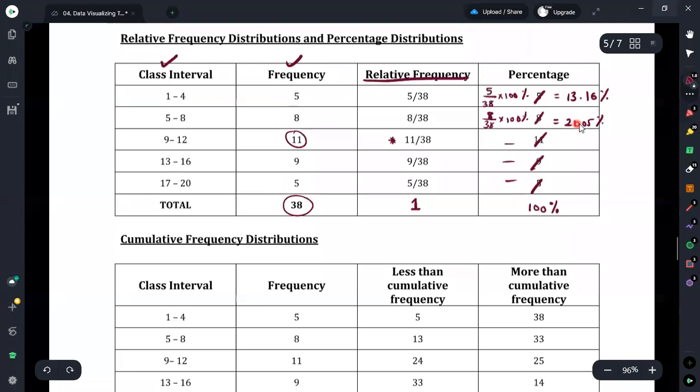And again, we can interpret that 21.05% of the oak tree leaves are in the length of 5 to 8 centimeters. Likewise, for the last one, we again get the value 13.16%. Therefore, another 13.16% of leaves will be in the range of 17 to 20 centimeters. In this way, we can compute the percentage values.